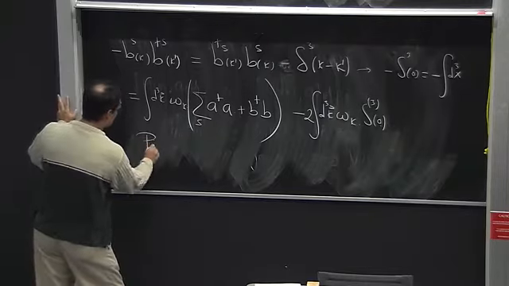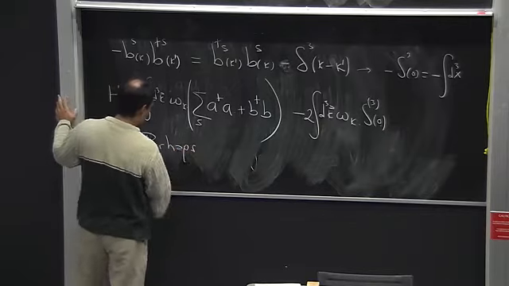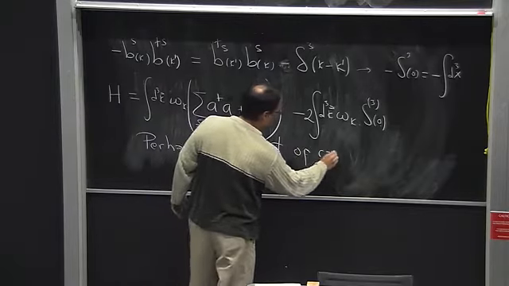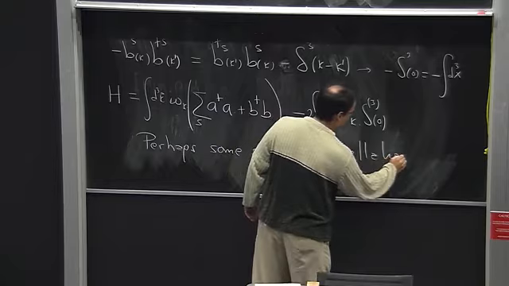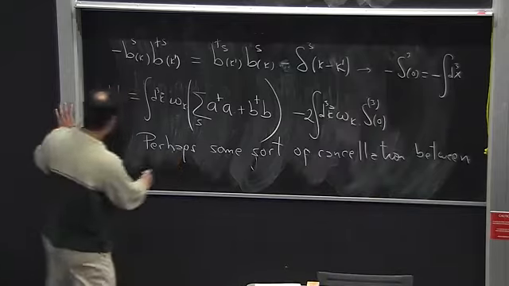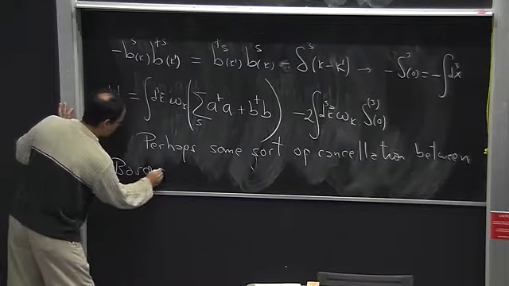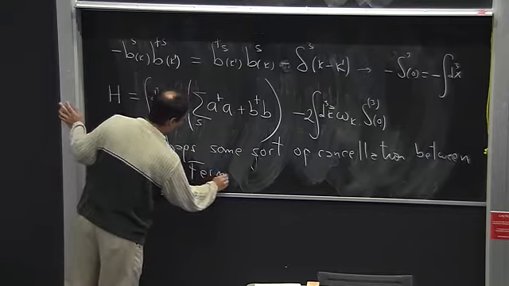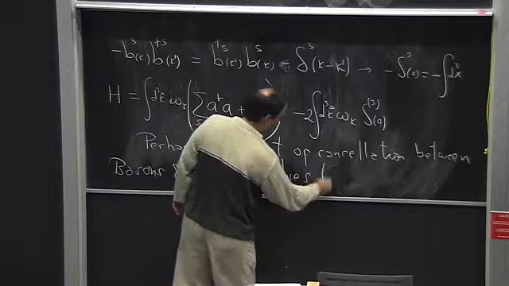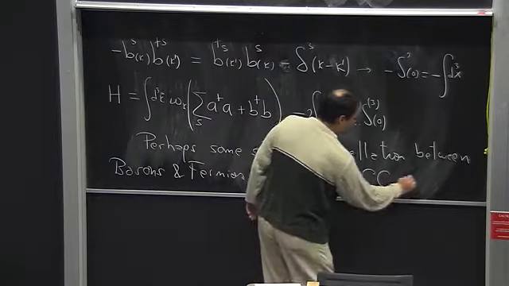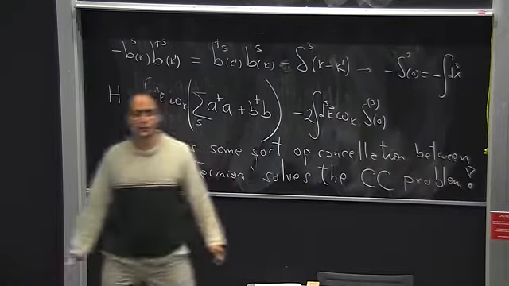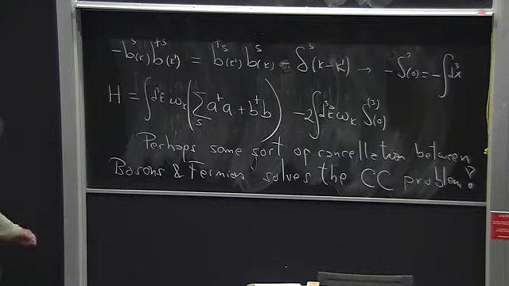So perhaps some sort of cancellation between bosons and fermions could solve the cosmological constant problem, okay?